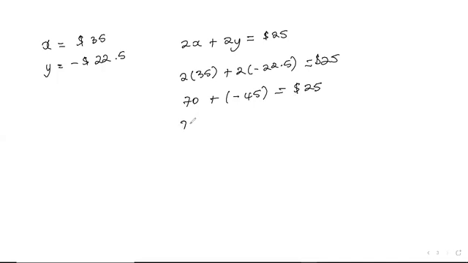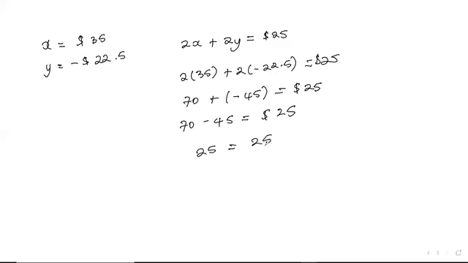So 70 minus 45 is what? 25. So we were correct.